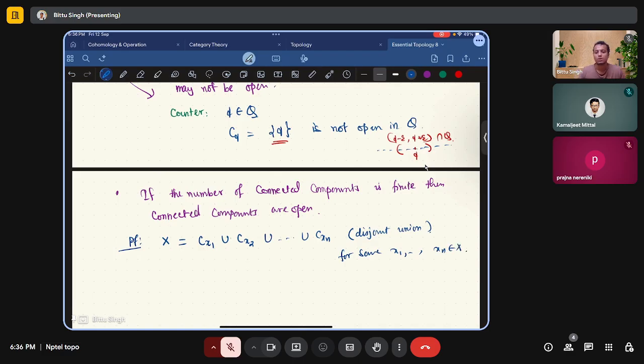We have assumed that there are a finite number of connected components. That's why we can stop after finitely many steps.